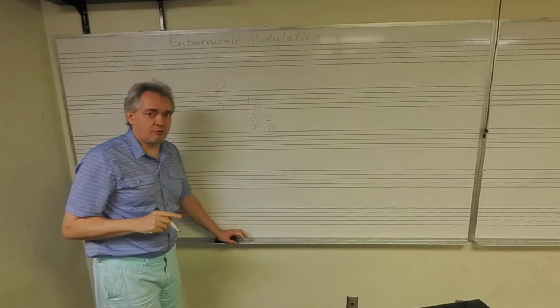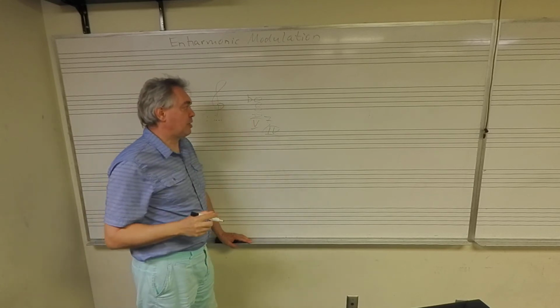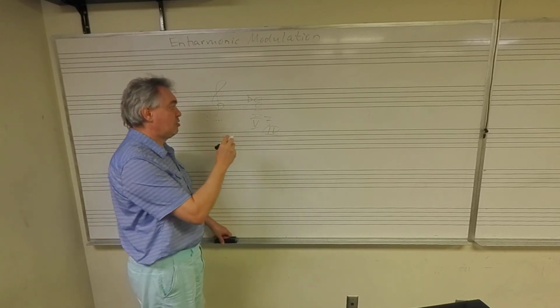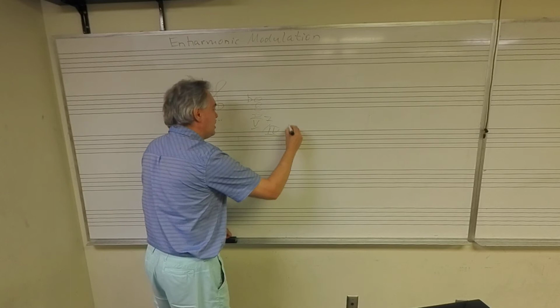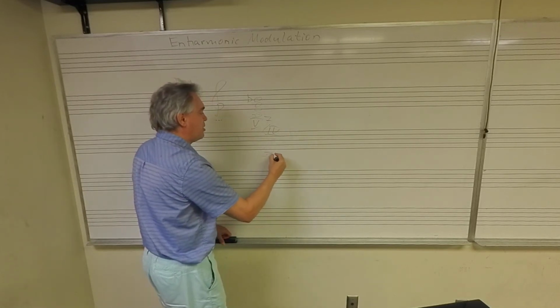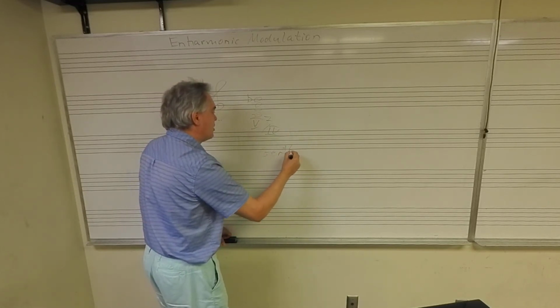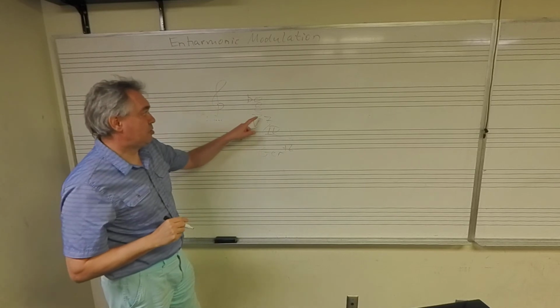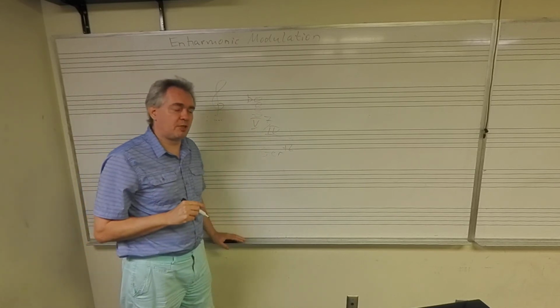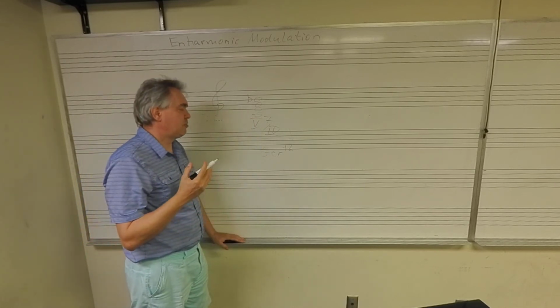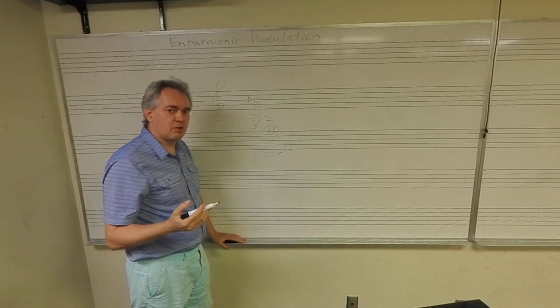But instead of resolving it to 4, to F, we resolve it in a new key, like a German augmented 6 chord. Now, the lowest note of a German augmented 6 chord is usually the flat 6 scale degree.